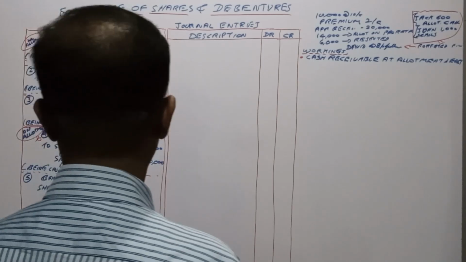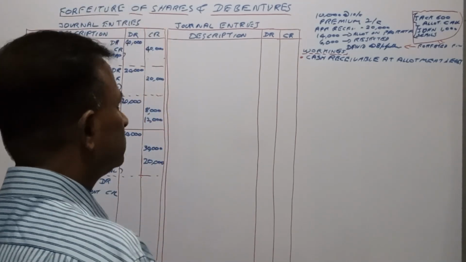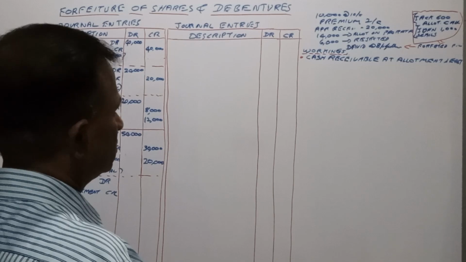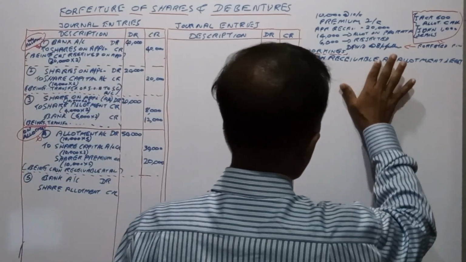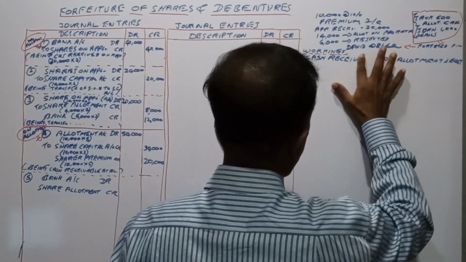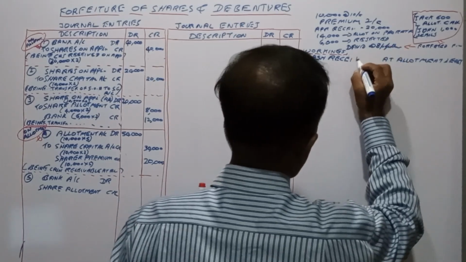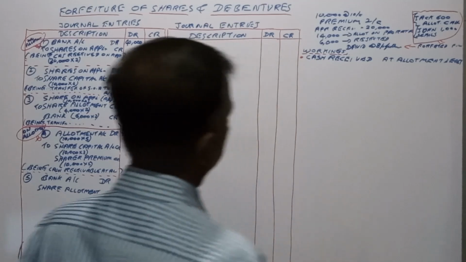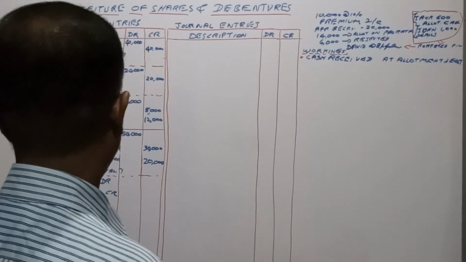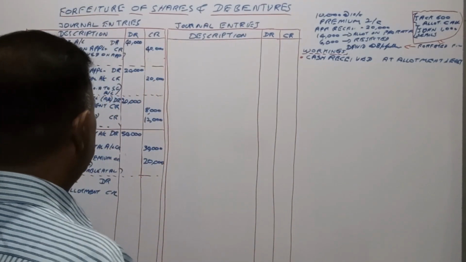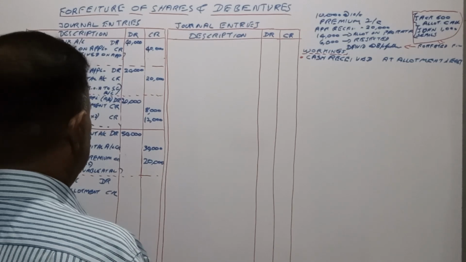That is cash received at allotment level. How much we have received? We have to do the calculation, right?